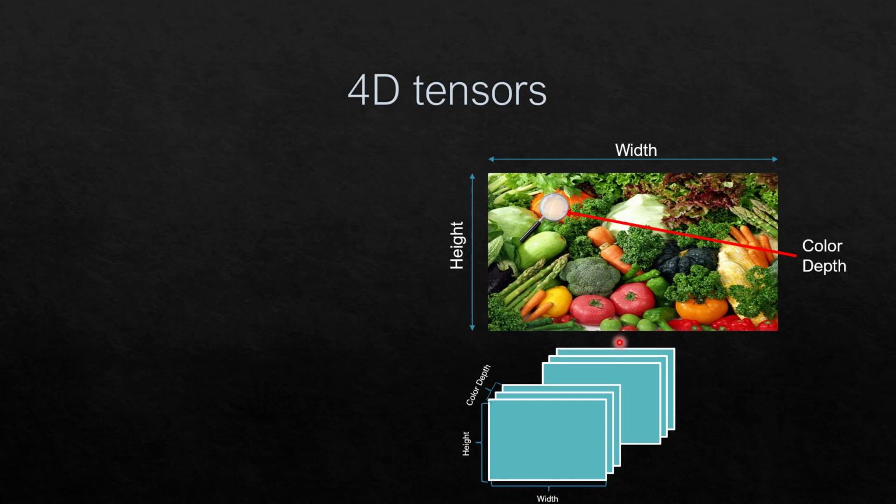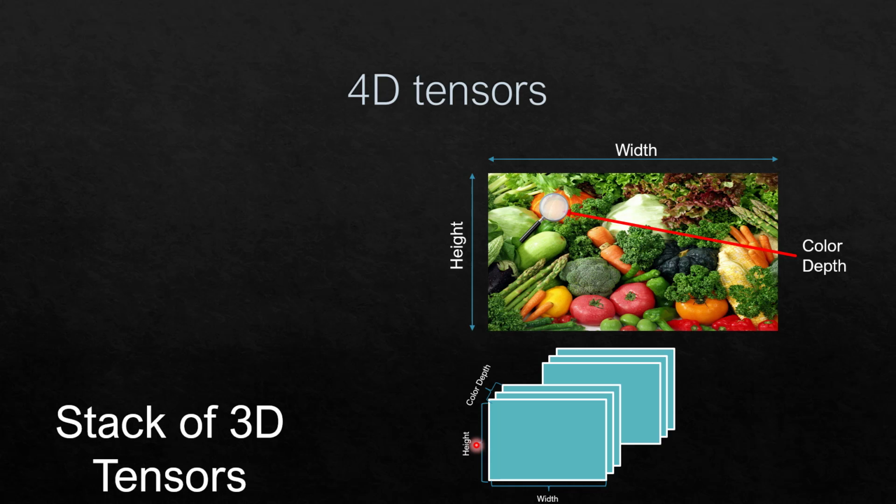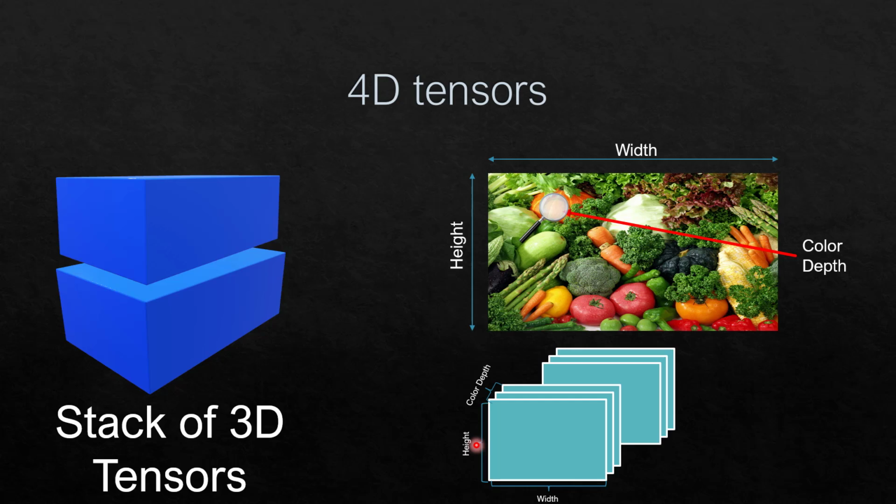If you have seen that particular video, we discussed that the samples create another dimension. So now the number of images, we can express as a stack of 3D tensors, a list of rectangular blocks. But we need to keep in mind that a single image is always a 3D tensor. We can always express it as a 3D tensor.